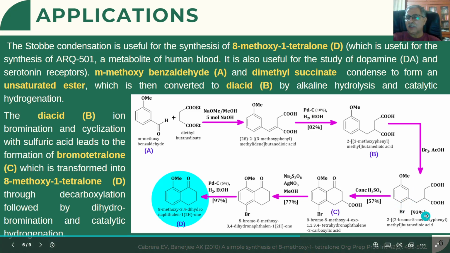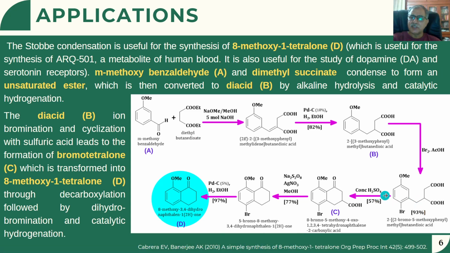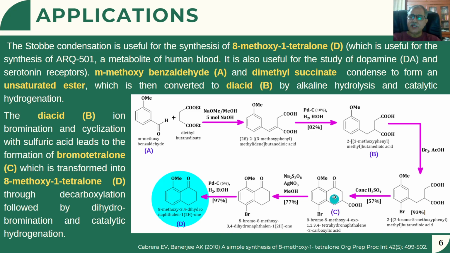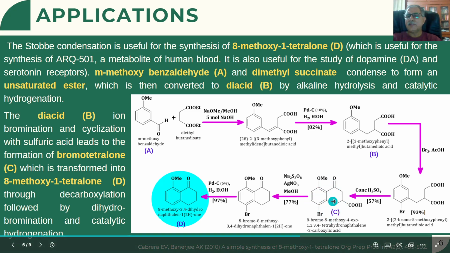Then these bromo saturated diacids, in the presence of concentrated sulfuric acid, will undergo cyclization at this carbon to give us these types of 1-tetralone derivatives. So this bromotetralone is formed as the product.